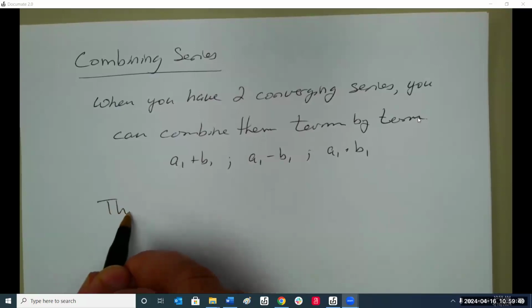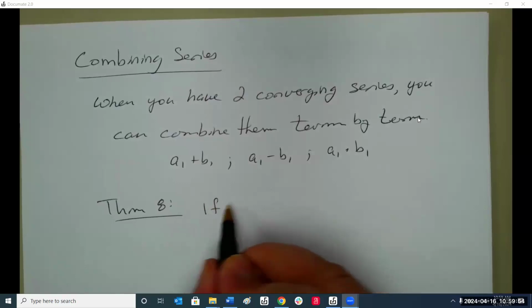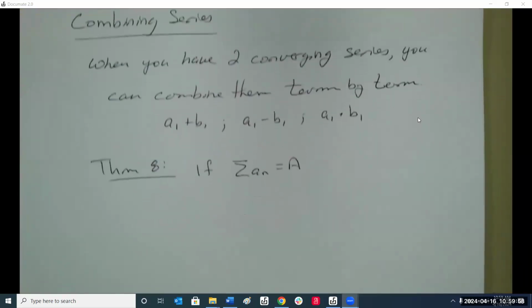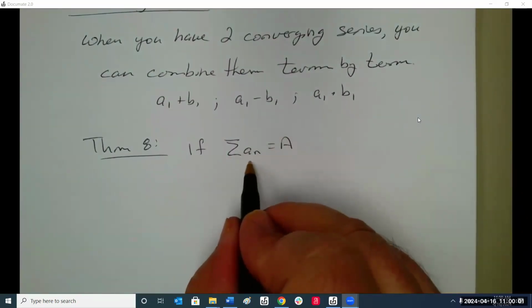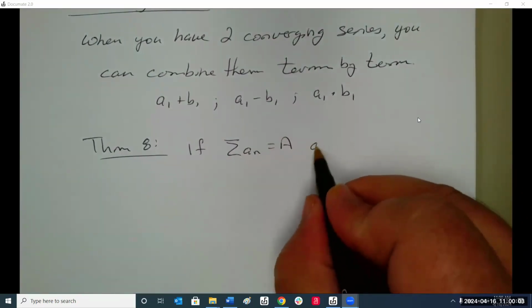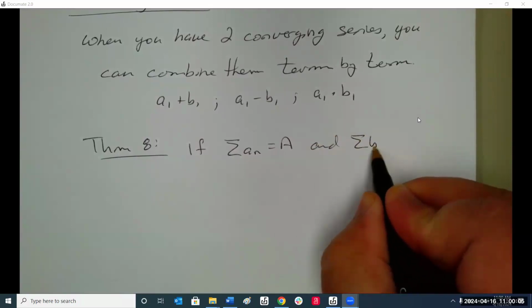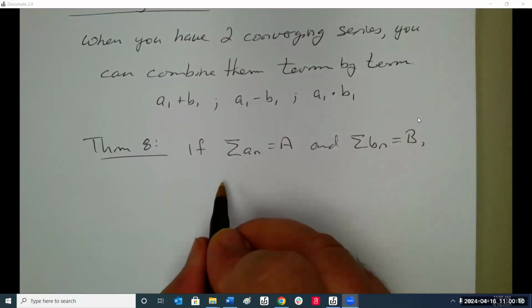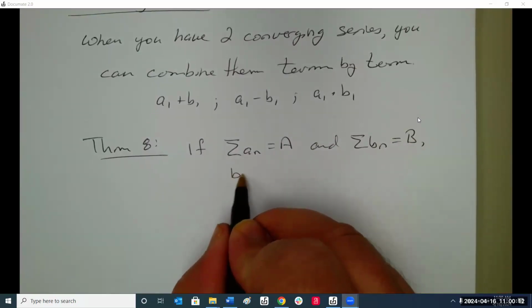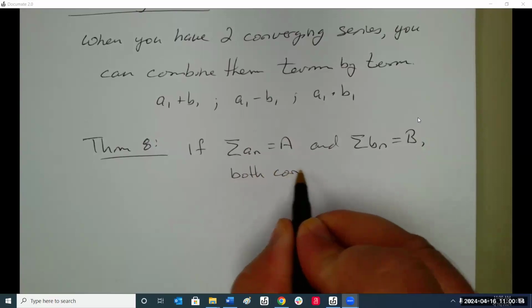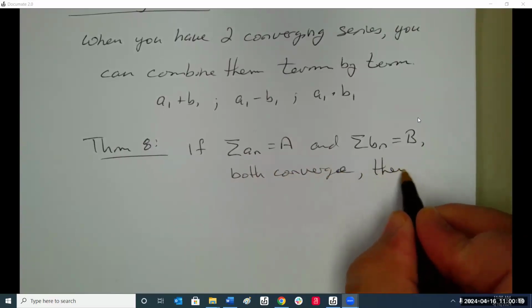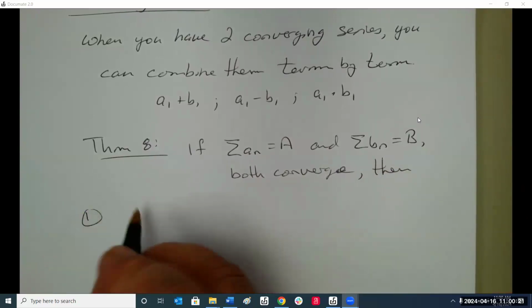That brings us to theorem 8. If the first series converges to A, and the second converges to B, then we have the sum rule.